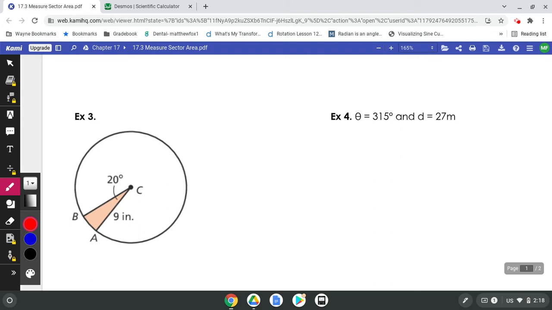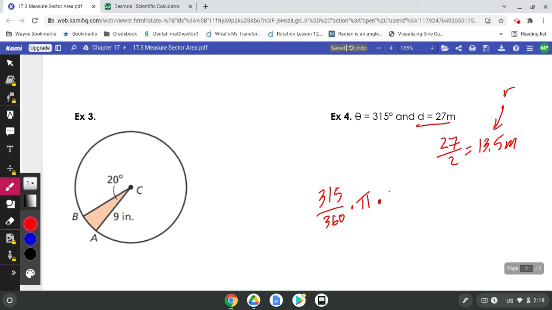Example 4, there's a slight difference. One thing is there's no picture, but the bigger difference is they give us the diameter. So in order to set this up, we need 315 over 360 times pi times the radius squared. I don't know the radius yet, but I have the diameter, so just do 27 divided by 2, which is 13.5 meters. The reason that is meters and not meters squared is that is the radius, not the area.